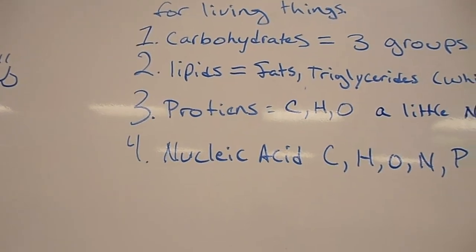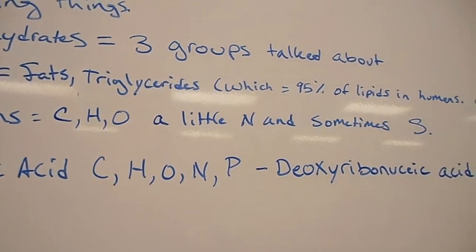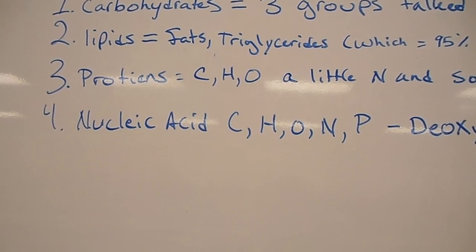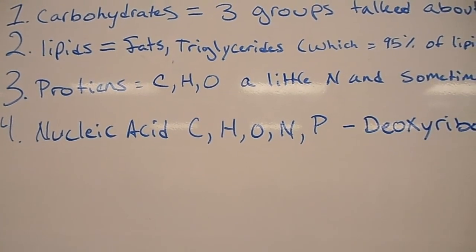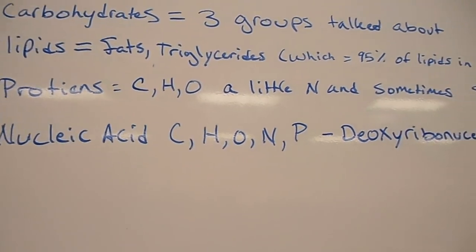And then 3 is proteins, which is carbon, hydrogen, oxygen, and a little nitrogen, and sometimes sulfur. Then you have nucleic acid, which is carbon, hydrogen, oxygen, nitrogen, and what was P? I forgot. I didn't even look at that.